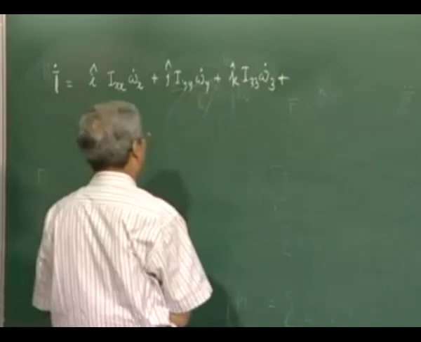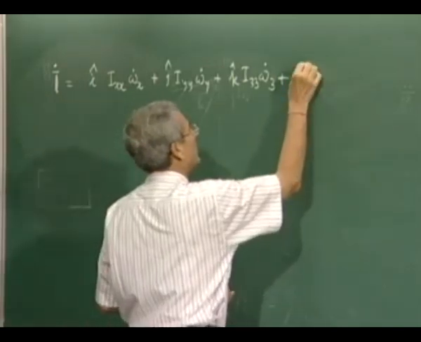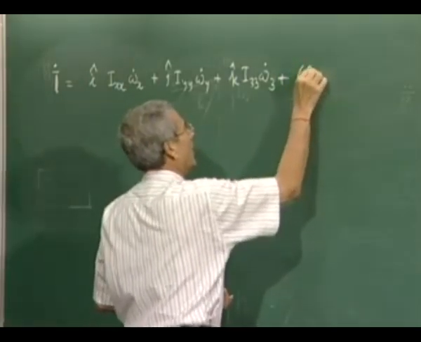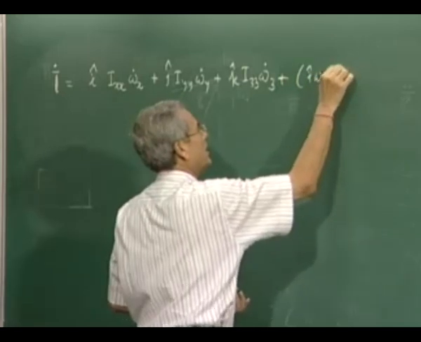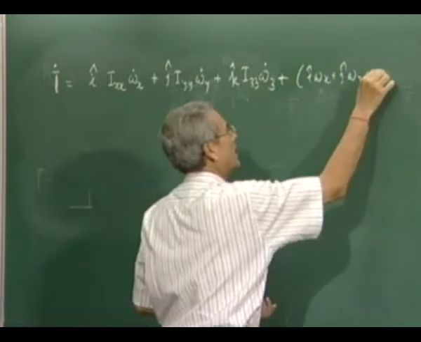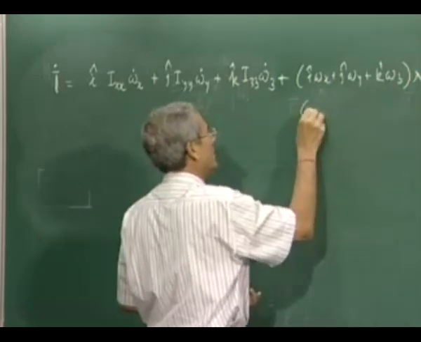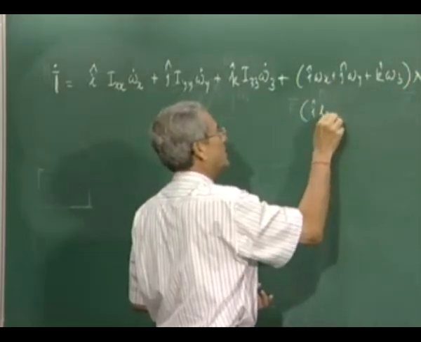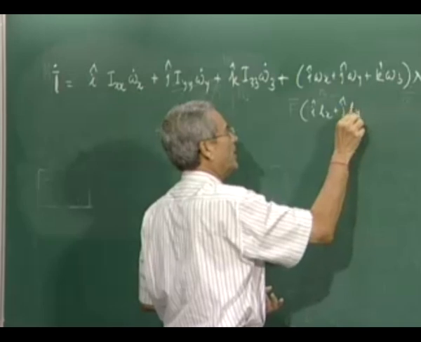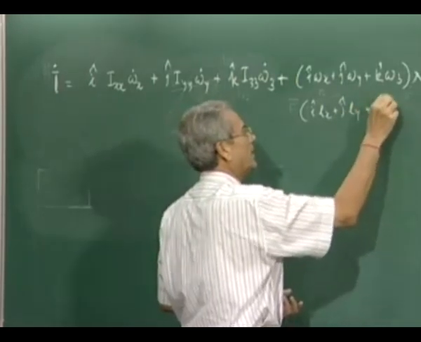omega cross L. Now omega cross L will be what? We can write it like this: i hat omega x plus j hat omega y plus k hat omega z, cross i hat Lx plus j hat Ly plus k hat Lz.